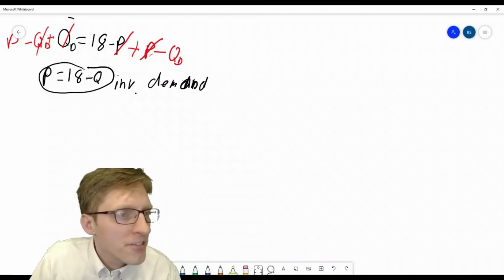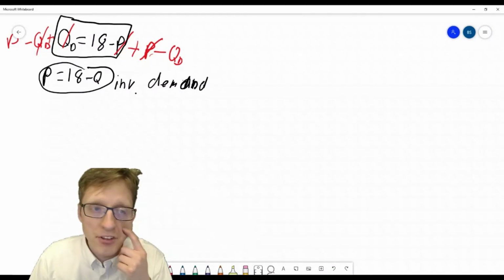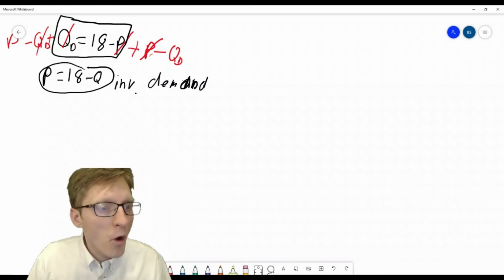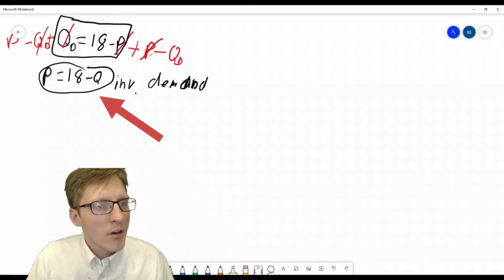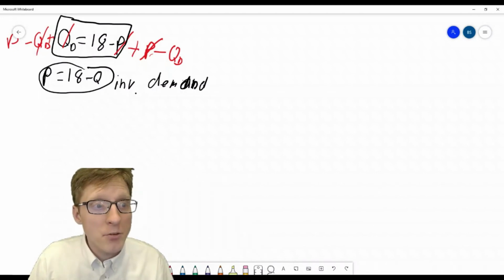So this latter equation is the inverse demand curve, whereas the equation that we started out with, where we had quantity as a function of price, was the demand curve. When we plot demand, we're always plotting the inverse demand curve. But often when we're solving for equilibrium using equations, we'll work with the demand curve. A key point here is that the inverse demand curve and the demand curve contain the same information.